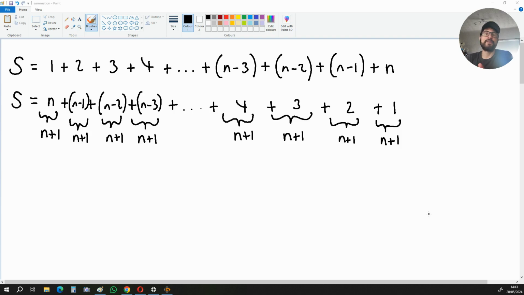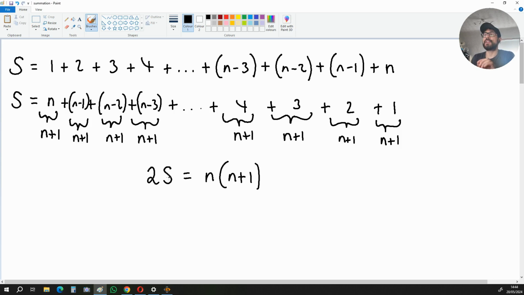Now let's create a formula for this solution using algebra. What we've discovered is that 2 of these sums, that is 2s, is equal to n, which is the number of terms in one of these sums, multiplied by n plus 1.